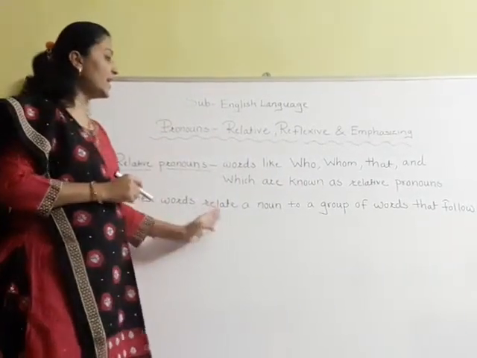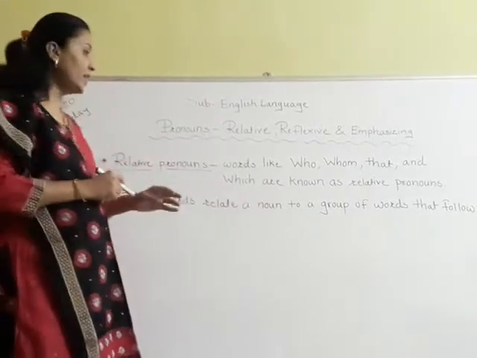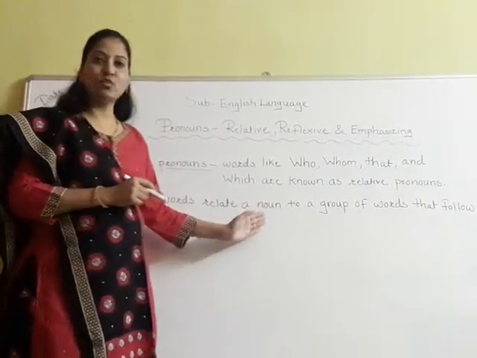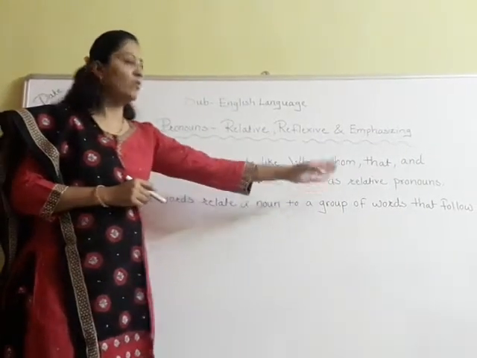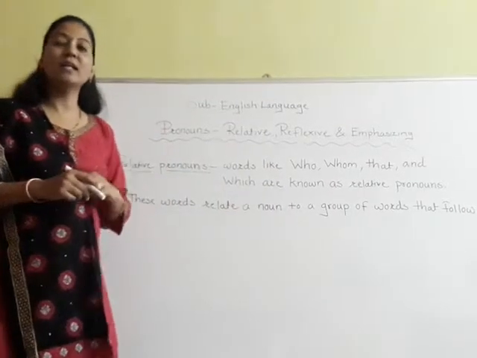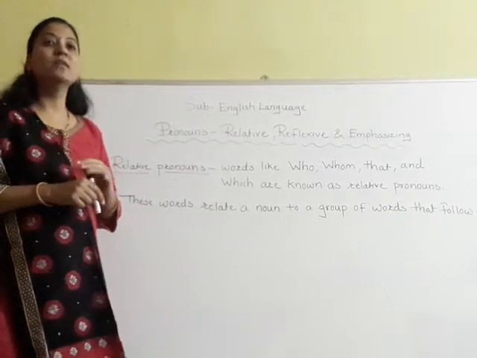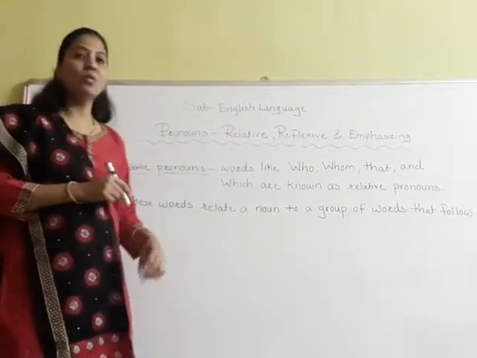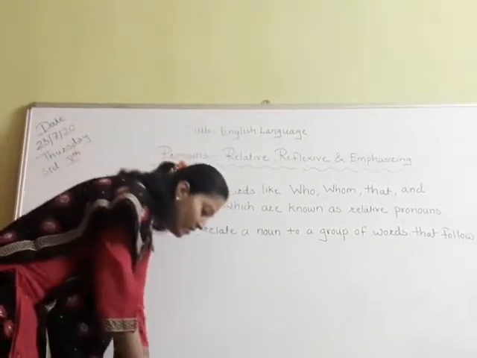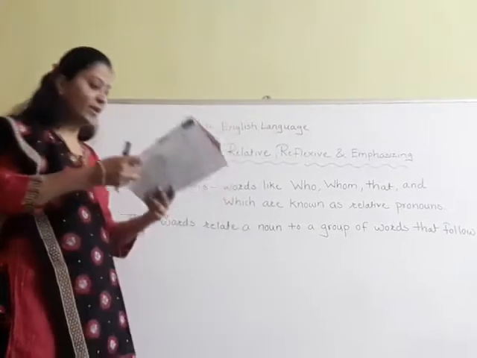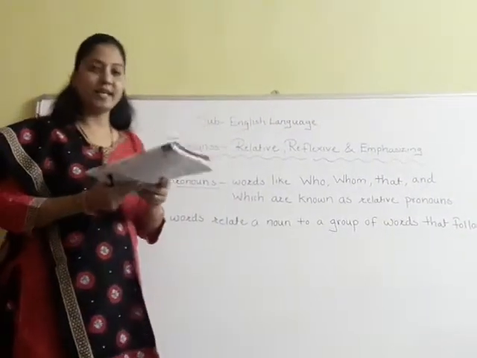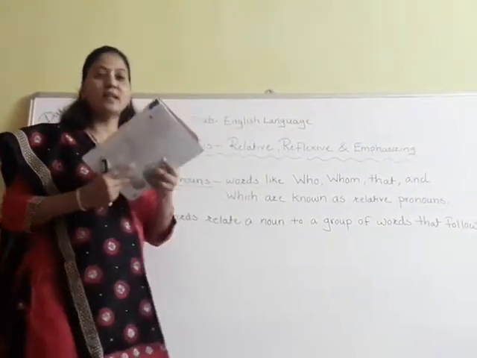These words relate to a noun. Okay, means they are related to a noun, to a group of words that follow. So now just look at your textbook page number 38, read and understand.